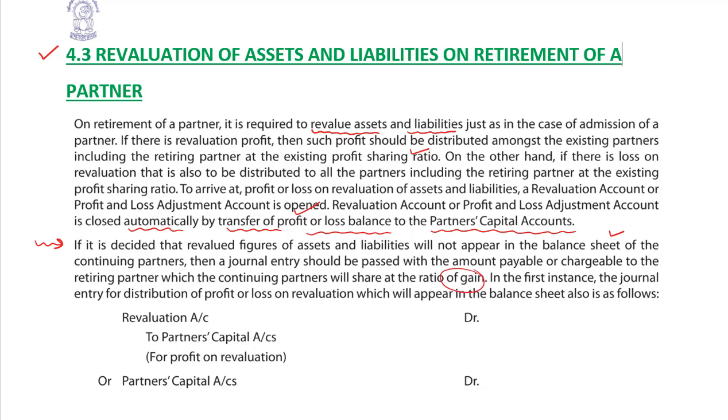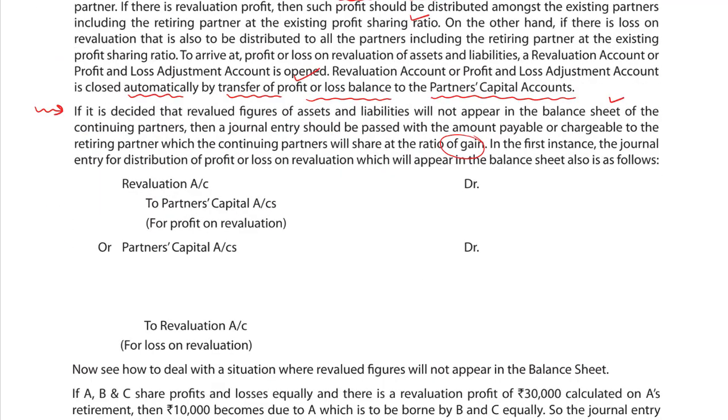In the first instance, the journal entry for distribution of profit and loss on revaluation, which will appear in the balance sheet also, is as follows. Revaluation account debit to partners' capital accounts for profit on revaluation, or partners' capital accounts to revaluation account for loss on revaluation.